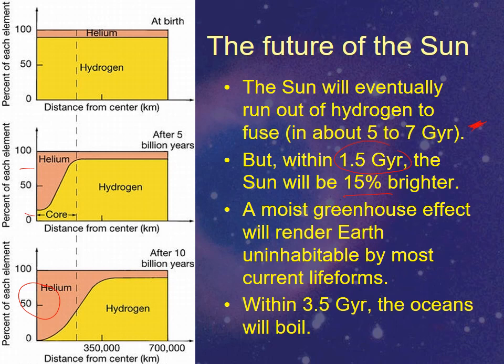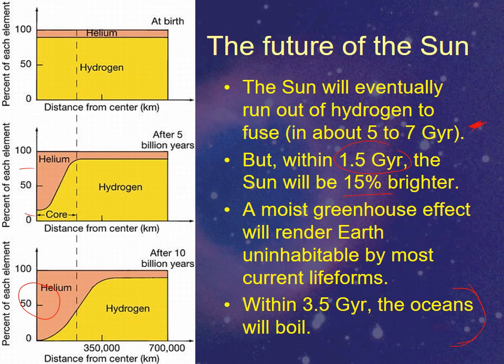In that case, the Earth will be so warm that almost all life on Earth that we currently know will be extinguished. In about 3.5 billion years, even the oceans are going to boil away. And then pretty much all life, even the more resilient life, will no longer live on Earth.